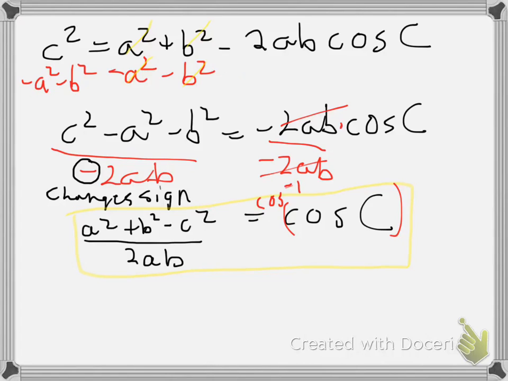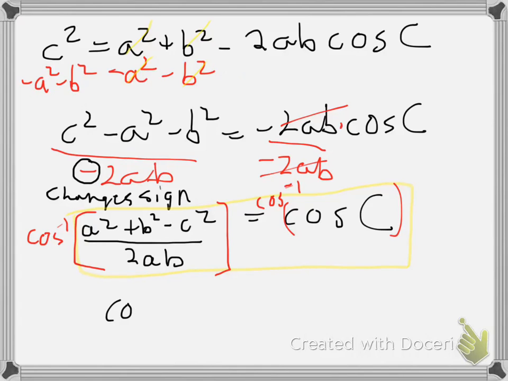And then you would do the same thing here, arc cosine everything here. That's going to be some ratio. And so we actually get, I'm going to use the symmetric property of equality, so I can write cosine C on the left.